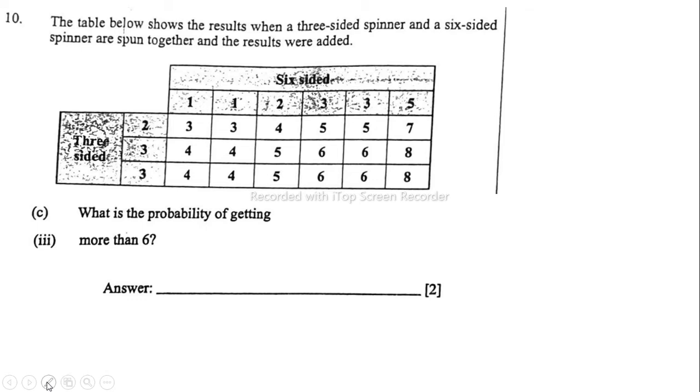So we want the probability of more than 6. 3 over 18. Oh, okay. So you can't just say 3. More than 6.